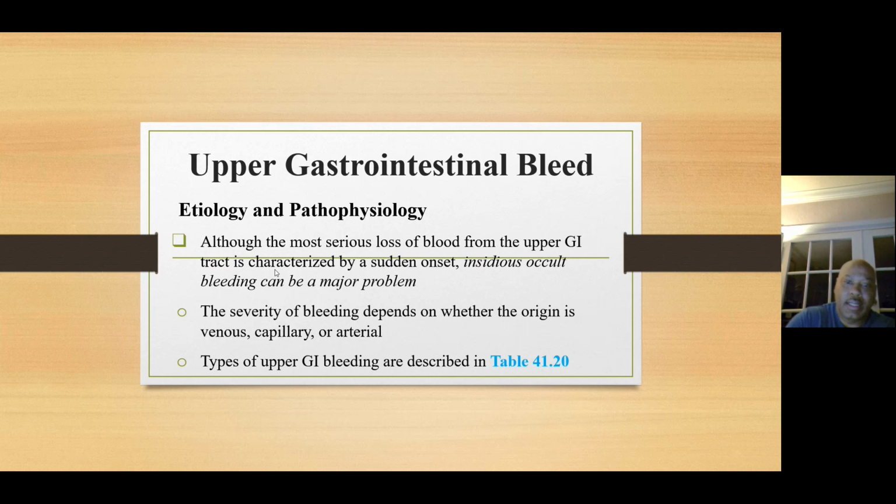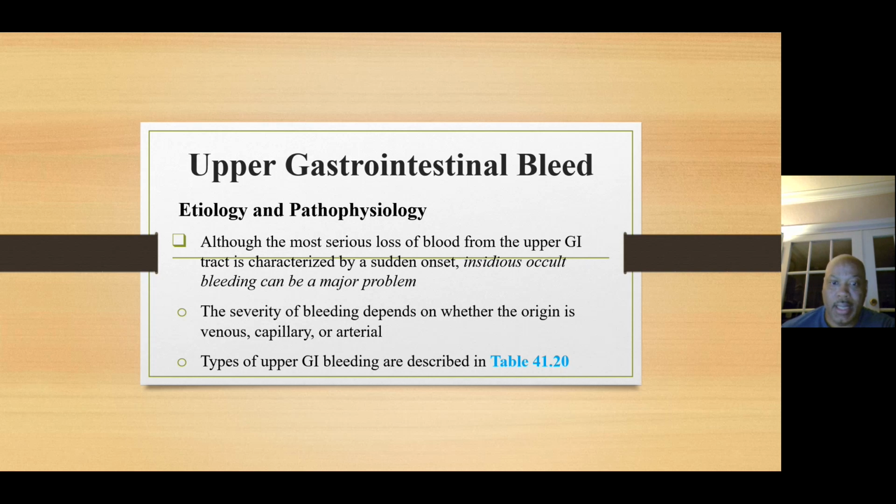But the severity of bleeding will depend on whether the origin is venous, capillary, or arterial. And of course, we know that if it's venous, it's slower. If it's arterial, we've got a problem, because these patients will bleed much faster.